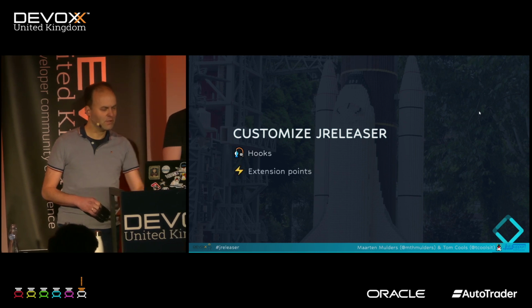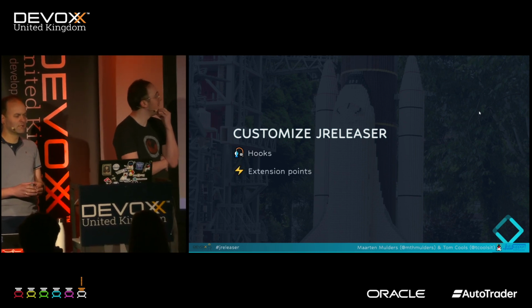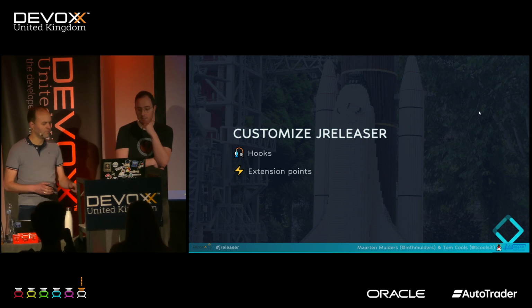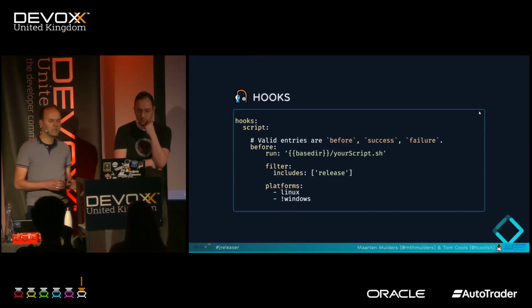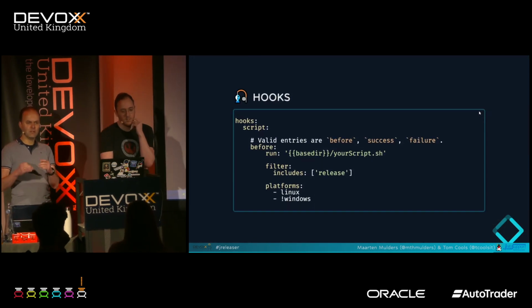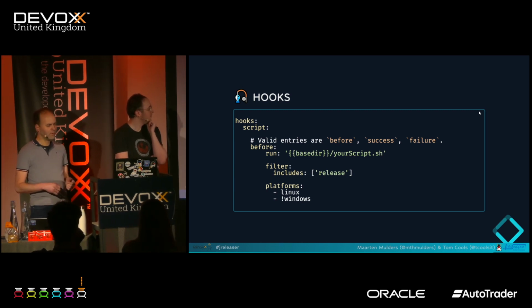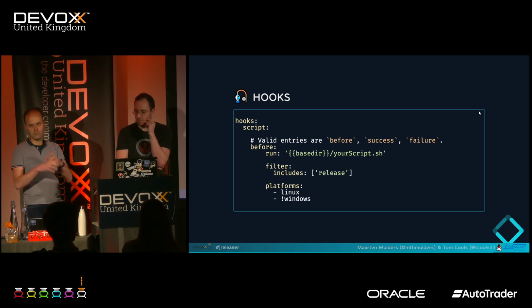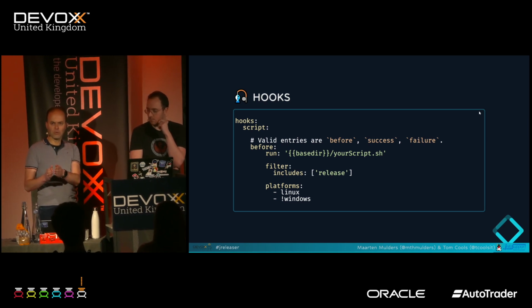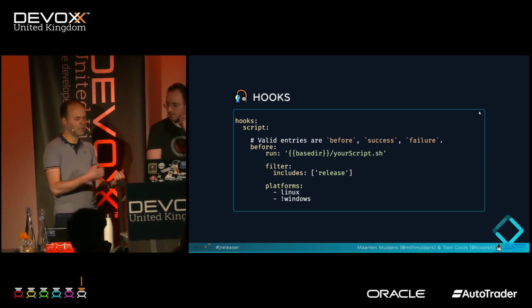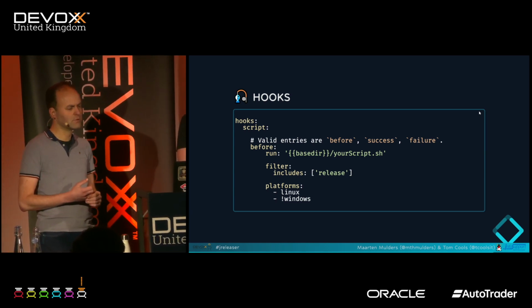And if that is not enough for you, you can even use the extension points that JReleaser has to offer. As for hooks, these are predefined moments in the full release cycle that JReleaser defines. You have your choice of running an operating system command, a script, you can even inline a script, or you can refer to an external script.